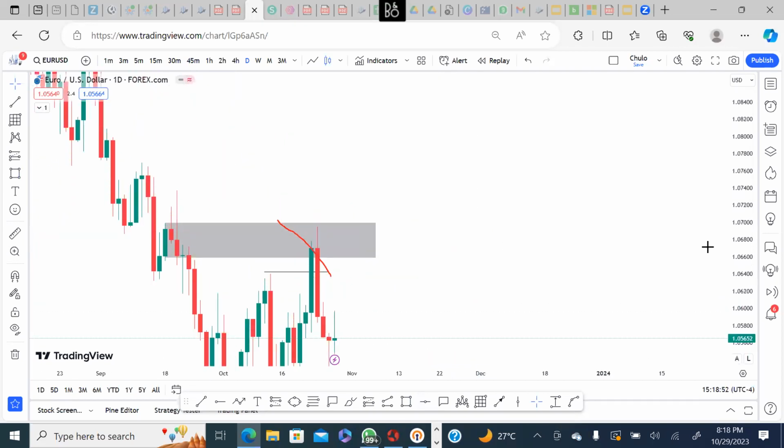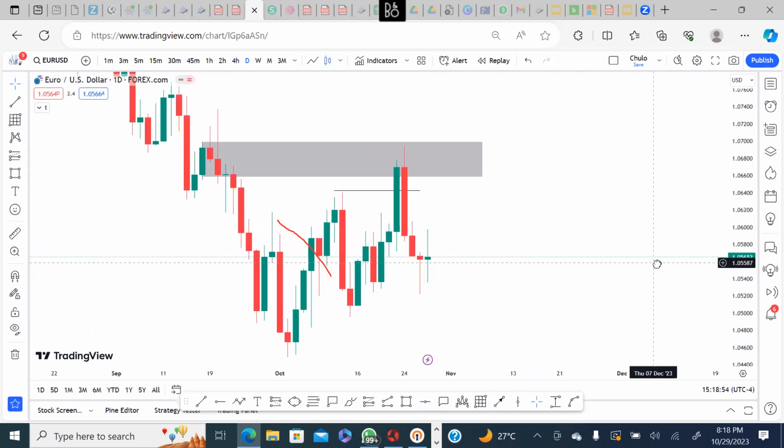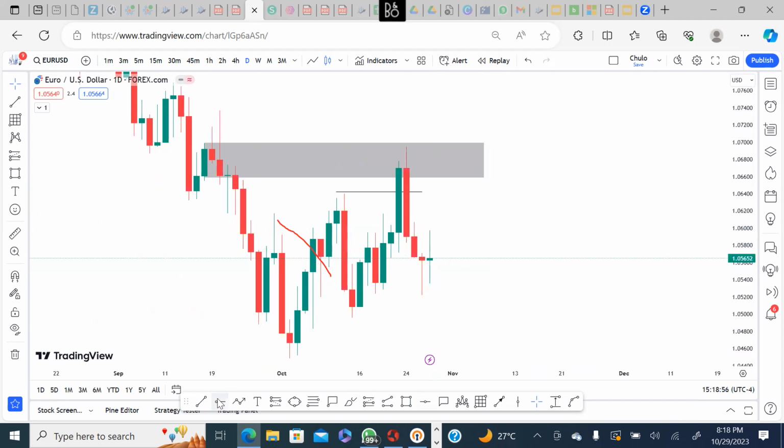Now on Friday, I saw this daily FVG here, which price already reacted to and closed below.